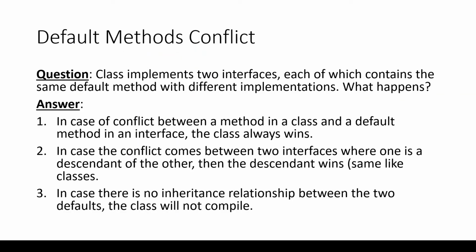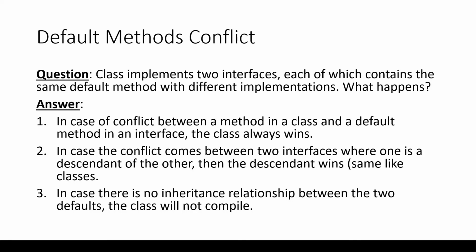Let's say a class implements two interfaces, each of which contains the same default method with different implementations. Now what would happen in this case? There are three scenarios that we need to be careful of. In the first case, let's say there's a conflict between the method in a class and the default method in any of the interfaces.